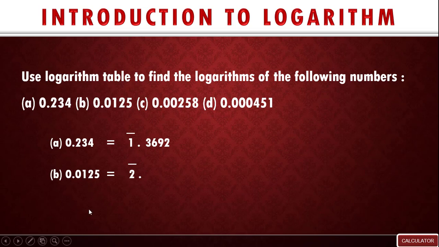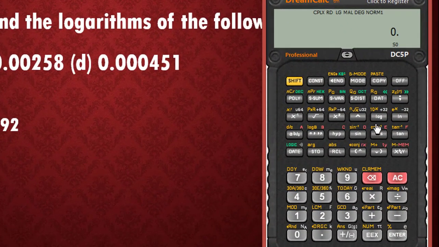The next thing for us to do is to check around this 1, 2, 5. If you are using your 4-figure table, go to your logarithm table and check 12 under 5. But if you are using your calculator like me, we are making use of a workaround. Take your calculator and just press log 125. Press equals or enter.